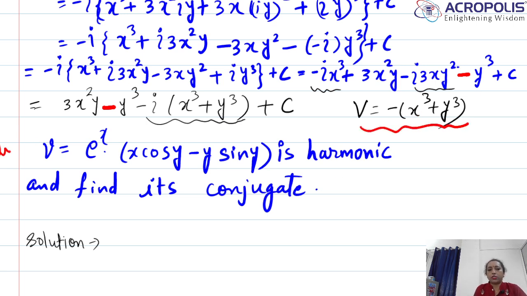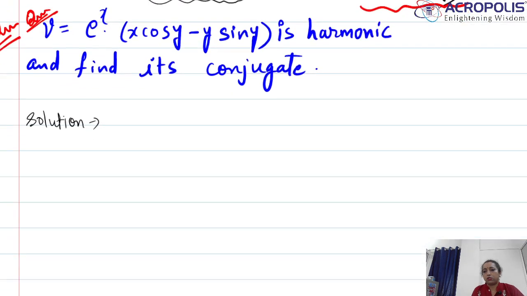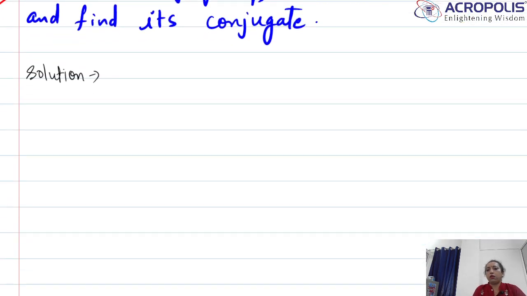Now my next question is, show that the function v equal to e to the power x times (x cos y minus y sin y) is harmonic and find its conjugate. So first of all, we will show that our function is harmonic.